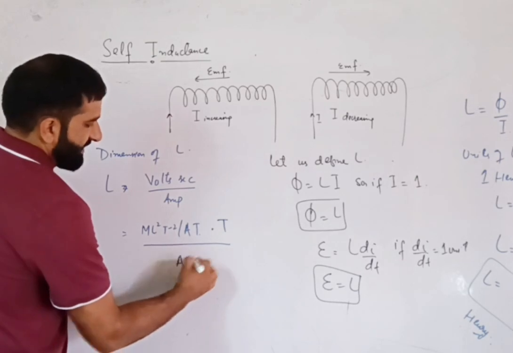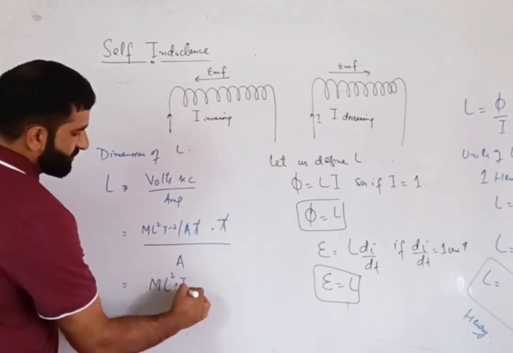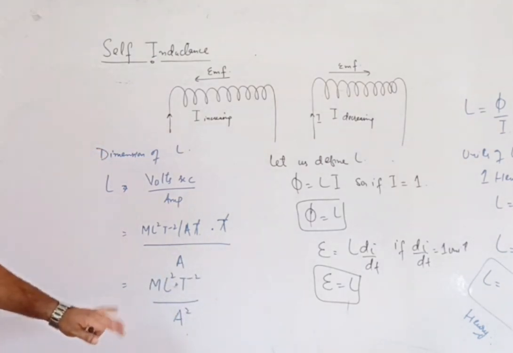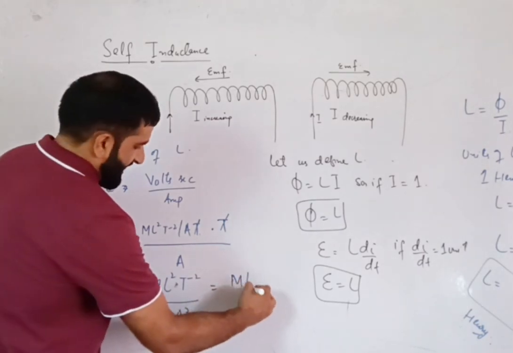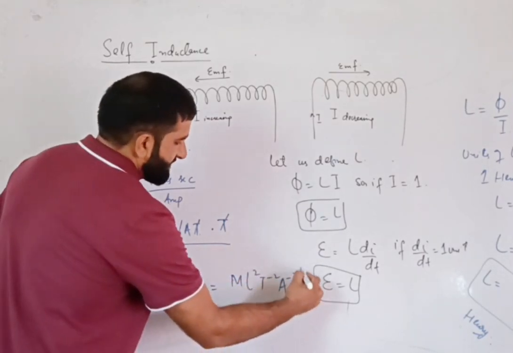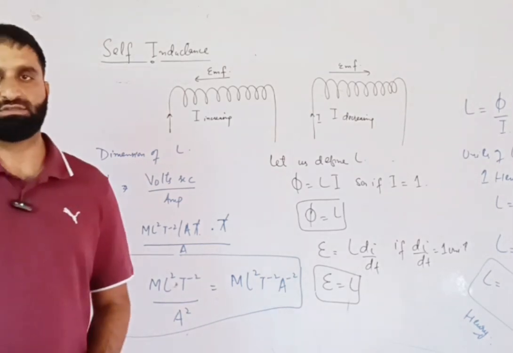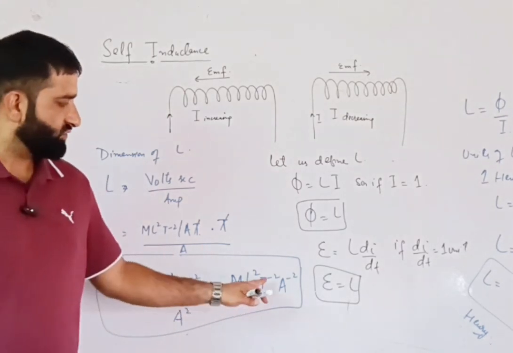The T cancels and this A comes to the denominator, so that is ML^2T^-2 divided by A^2. This A raised to power 2 comes into the numerator, so the dimensions of L are ML^2T^-2A^-2. These are the dimensions of the coefficient of self-inductance, whose SI unit is Henry, and the dimensions are ML^2T^-2A^-2.